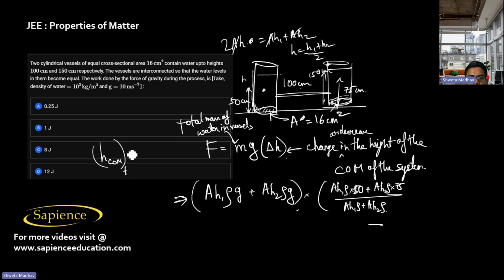The masses will be the same, so I will say m into h by 2 plus m into h by 2, divided by m plus m, that is 2m. The m will cancel, so this is h by 2, where h is H1 plus H2 by 2. So it is H1 plus H2 by 4. So this will be at H1 plus H2 by 4.